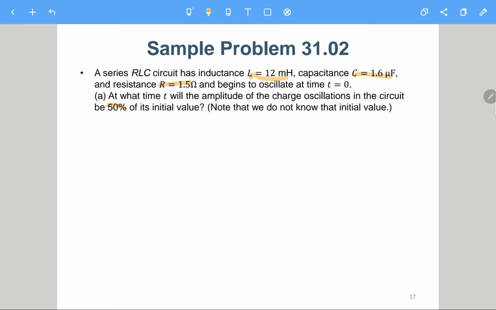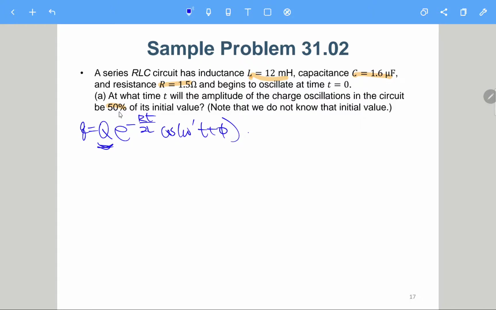Of course we know we have something like q equals capital Q exponential to minus RT over 2L cosine omega prime t plus phi. So we have this expression. It tells you that we don't really know the initial value, we don't really know what Q is, but it doesn't really matter.